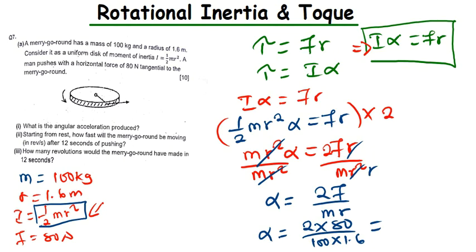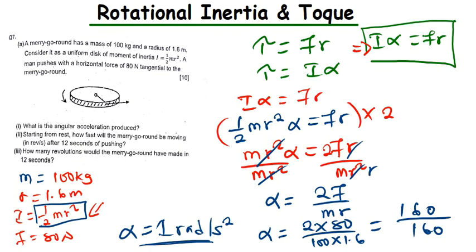I divide everything by 100 times 1.6, which is also 160. If I divide 160 by 160, I'll get 1 rad per second squared. So that is my angular acceleration.